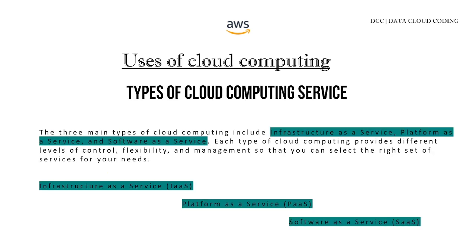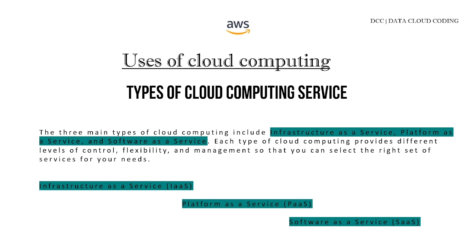Now let's talk about the types of cloud computing services that we have the option to choose from. The three main types of cloud computing include infrastructure as a service, abbreviated as IaaS, platform as a service, which stands for PaaS, and software as a service, SaaS. Each type of cloud computing service provides a different level of control, flexibility, and management, so that based on the requirement, I can select the right set of services for my needs.